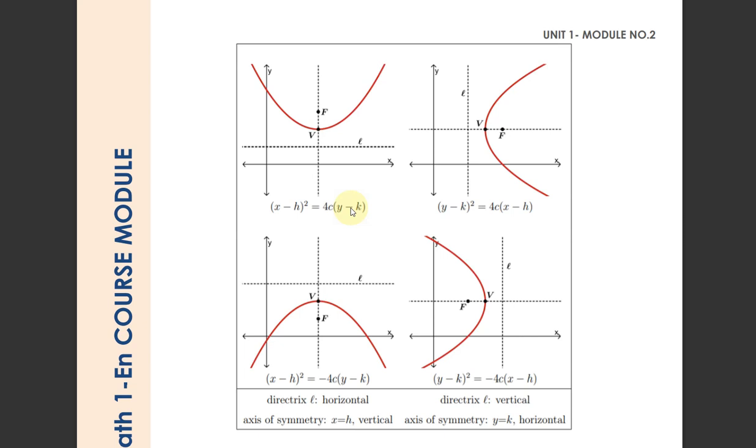And if it is facing to your left side, then the formula will be y minus k squared is equal to negative 4c times x minus h. So what happened here is that x and y were just interchanged. Instead of writing x minus h, you write y minus k. So they just interchanged. Okay?